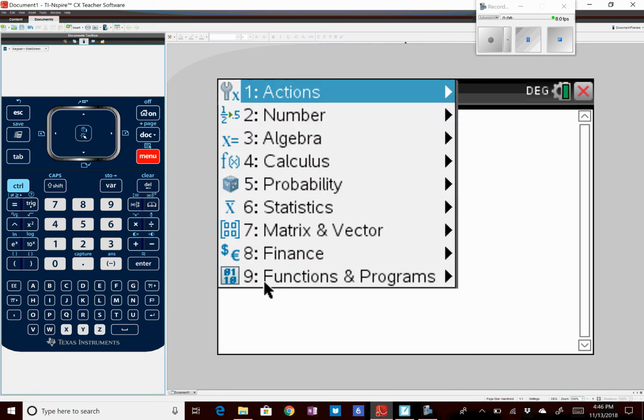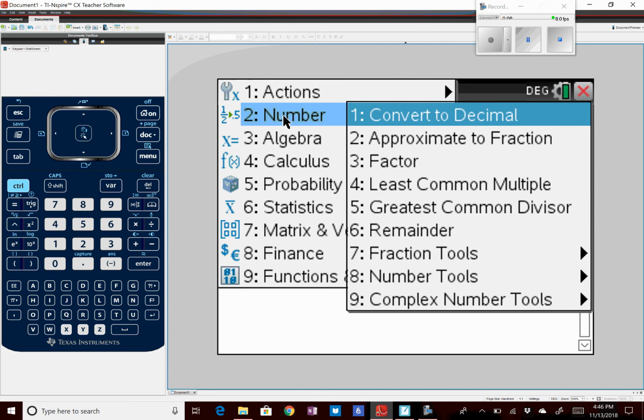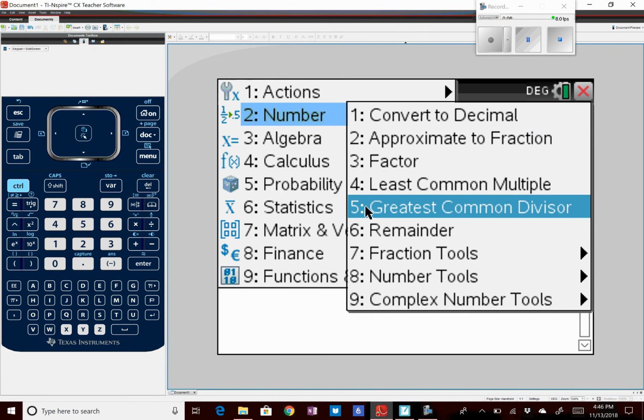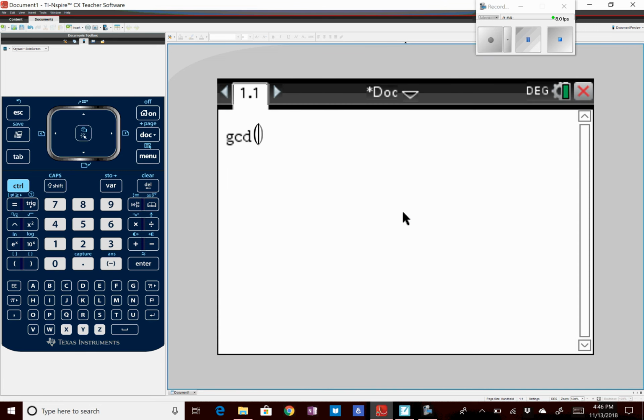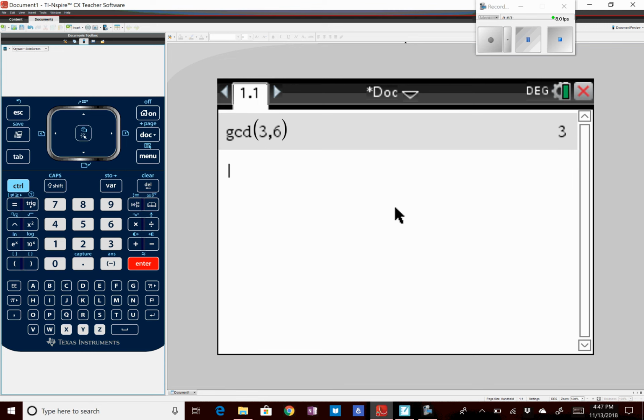We can go to Menu and Number. Number 5 here is our greatest common divisor, which is the same thing as our greatest common factor. So we'll hit that, and what you do is put the numbers in separated by a comma. So we had 3 and 6, separated by a comma, and the GCF is 3.